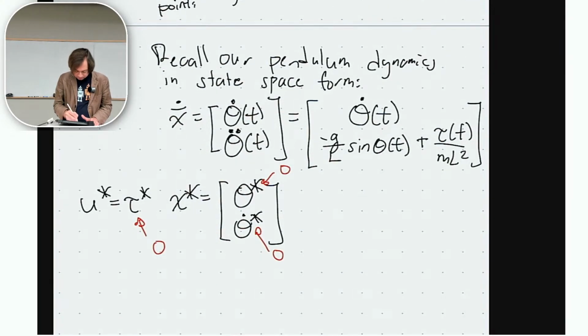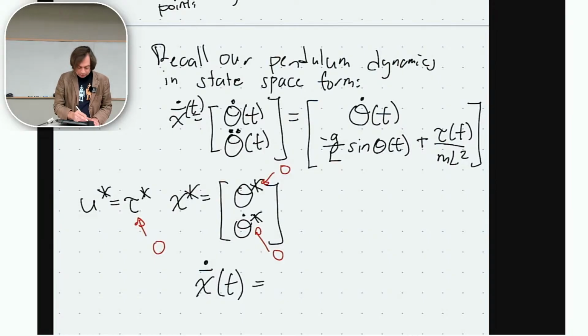Then that means that x dot star, x dot, okay, and these are of t, I apologize, right there. This is x dot of t.